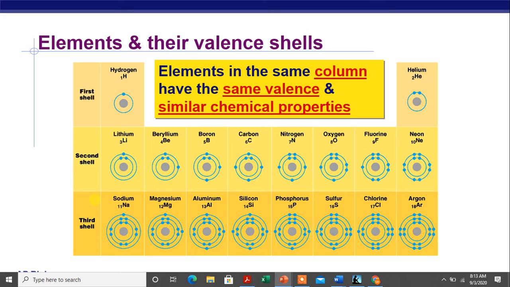Elements in the same column have the same valence electrons and similar chemical properties. All right, so all of the atoms in this row, since they have the same number of valence electrons, different number of shells, but the same number of electrons in their outer shell, have the same chemical properties.